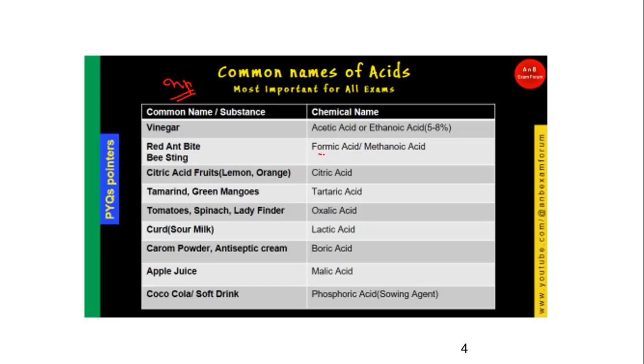The chemical name is formic acid or methanoic acid. All such pointers we have covered in our theory classes. I am not going to repeat them in today's class. As you can see, the curd or the sour milk has lactic acid in it. So you should remember the common names of the acids for your upcoming exam.